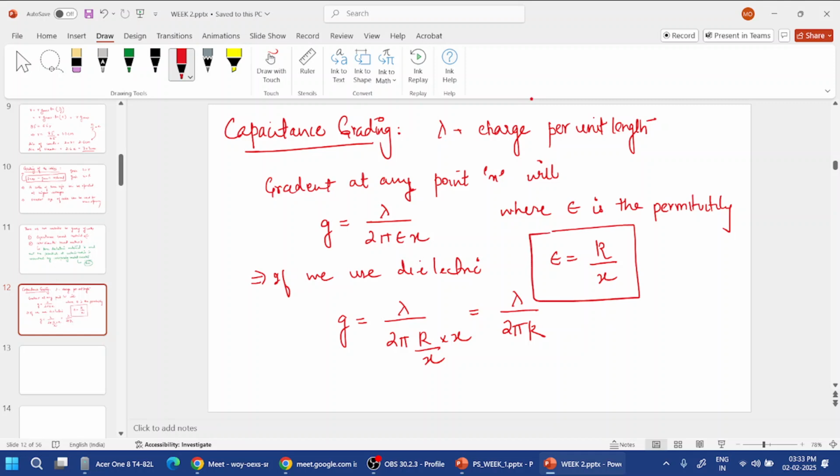If we use a dielectric of an infinite number of materials with different permittivities, distributed over a length x, then it will be k by x. So this is the idea.